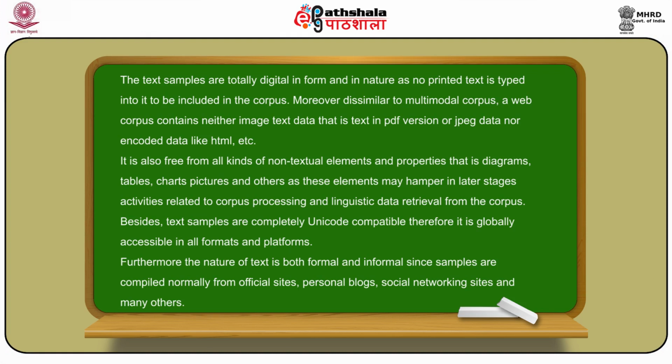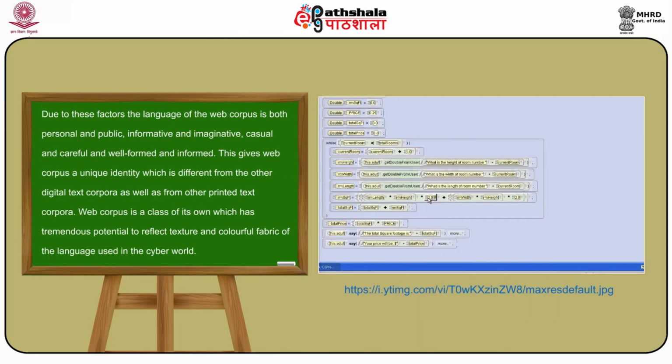Besides, text samples are completely Unicode compatible. Therefore, it is globally accessible in all formats and platforms for NLP works. Furthermore, the nature of texts is both formal and informal, since samples are compiled normally from official sites, personal blogs, social networking sites, and many others.